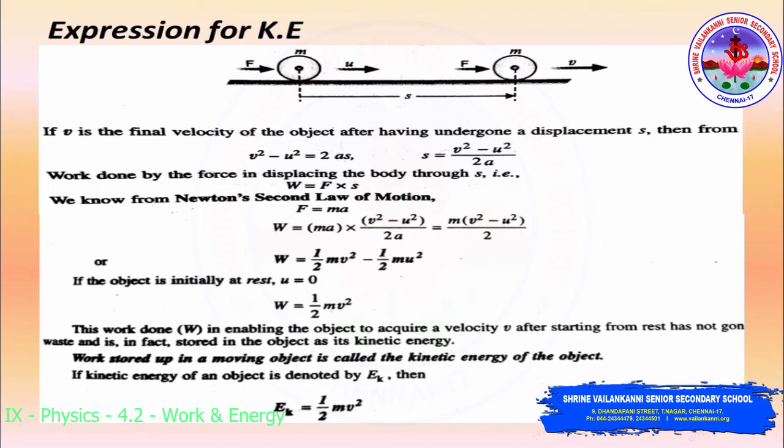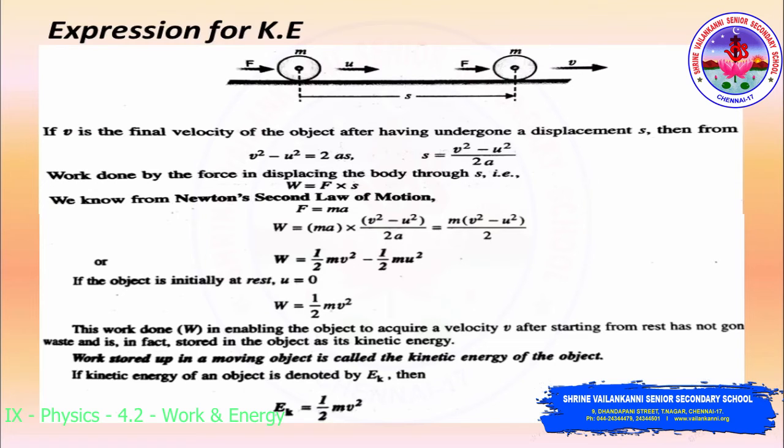And what is work done? We know that the work done by the force in displacing the body is W equals Fs. We keep this as the second equation. Now we move on to Newton's second law of motion. What is Newton's second law?